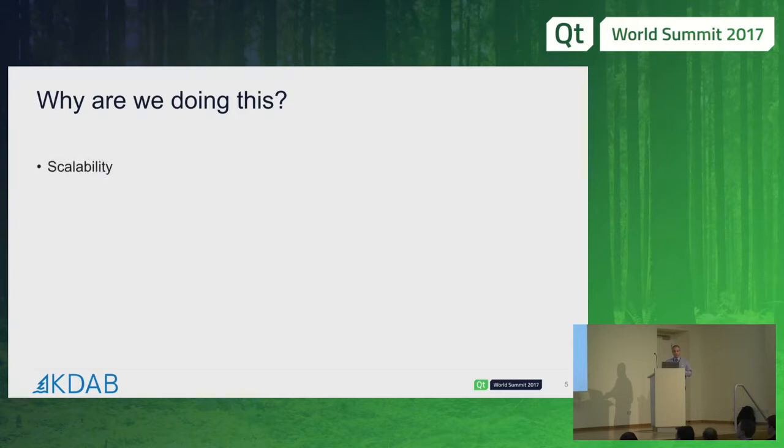Another reason we want to do this is scalability. Yes, Qt Quick has the nice render thread where we can offload all the rendering to, and the batching and everything, and recently they've also introduced the Qt Quick animator types, which also allow you to offload some of the animation onto the render thread as well.